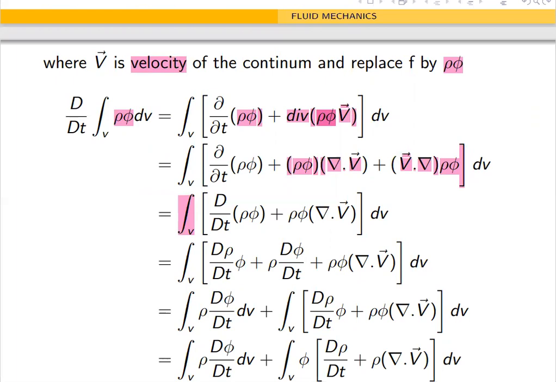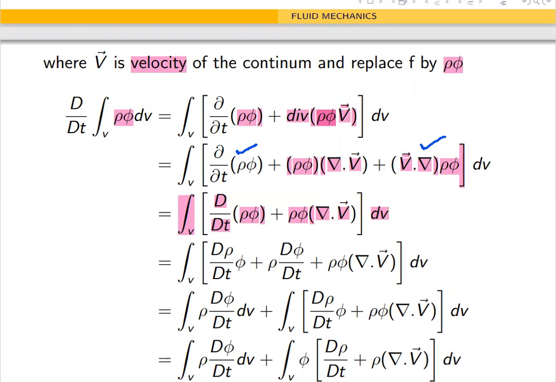Now, the first and the third term, let us take this and this. These two together can be written as capital D by dt of rho phi, one term here, plus rho phi divergence v as it is, dV.